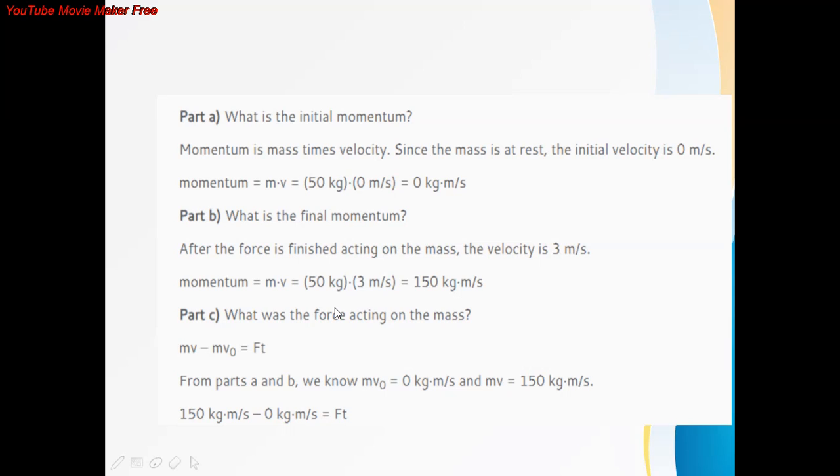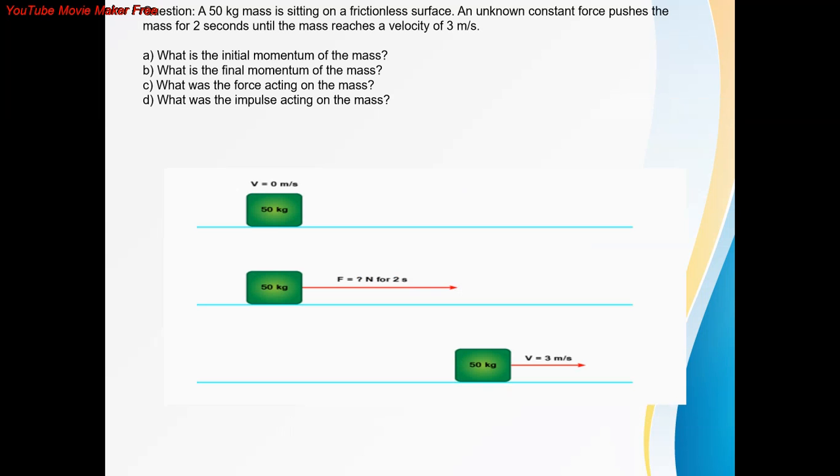Another question is, what was the force acting on the mass? We can use the impulse momentum theorem, that is force into time equals final momentum minus initial momentum. Final momentum we have calculated, initial momentum we have calculated, and time we know: 2 seconds, this force is applied for 2 seconds, right?